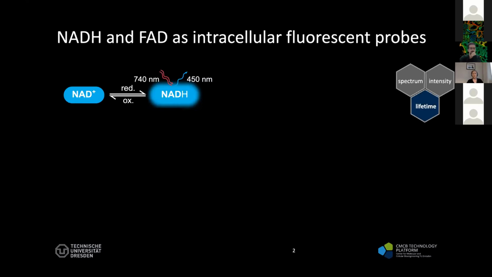As I mentioned, we excited in our measurements using 740 nanometers, and it emits light in the range of 450 nanometers. Regarding its lifetime, if it's in a free, not protein-bound state, then NADH has a relatively short fluorescence lifetime in the range of 400 to 500 picoseconds.